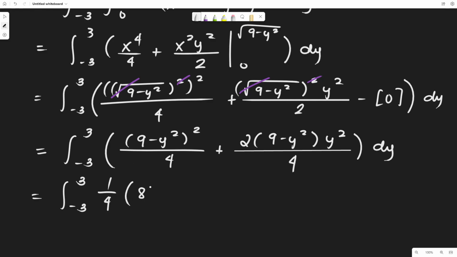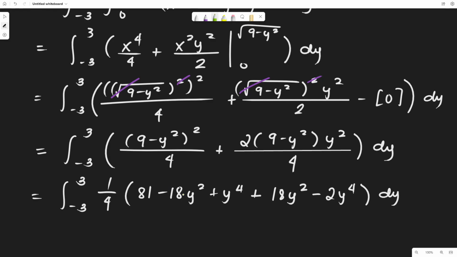So, this will become 81 minus 18y squared plus y to the 4th plus 18y squared, diba? Then minus 2y to the 4th. Ayan, dy.